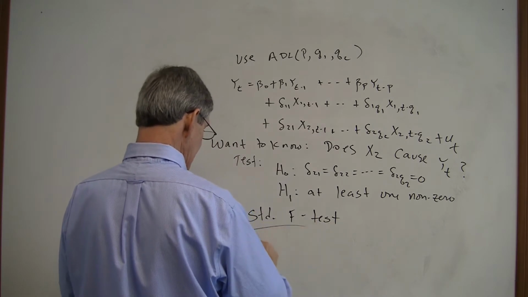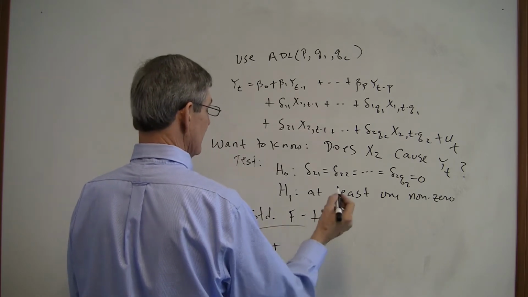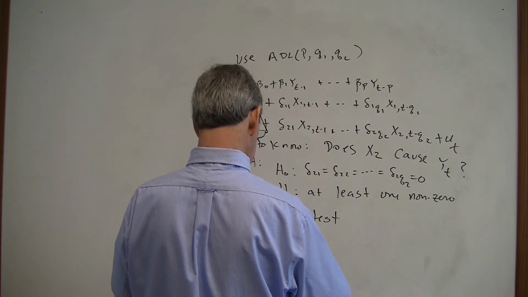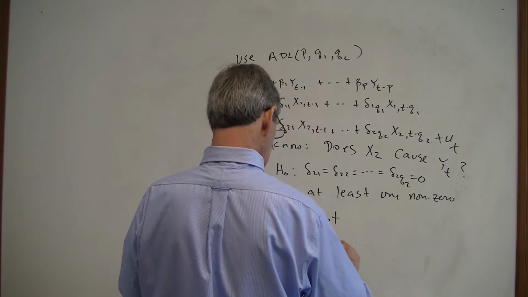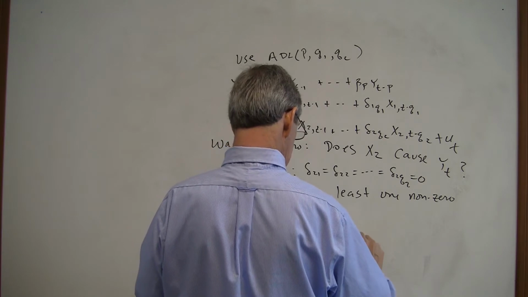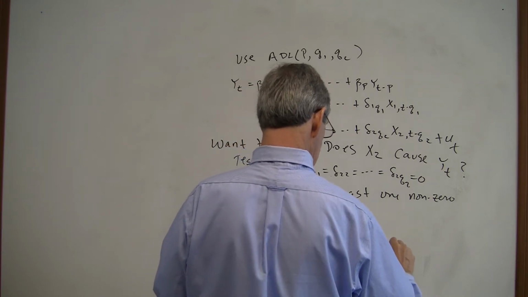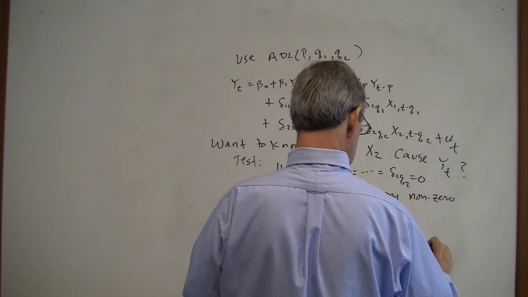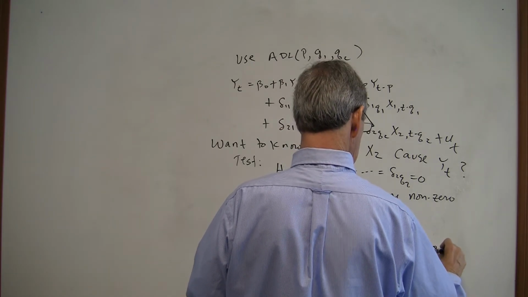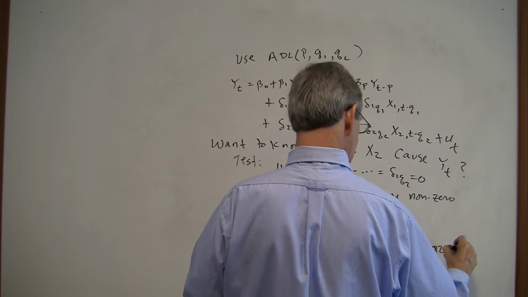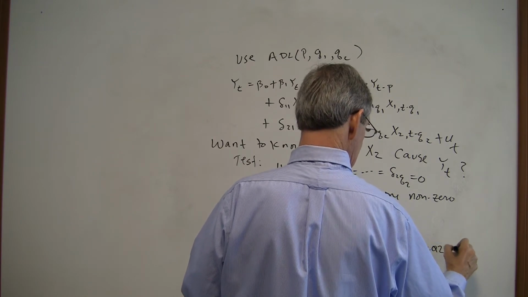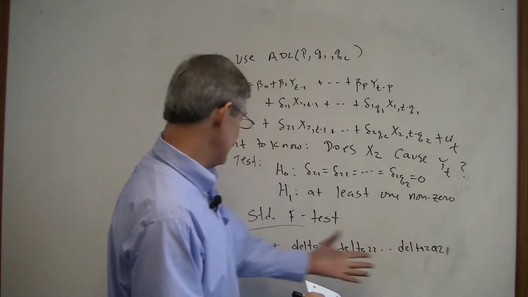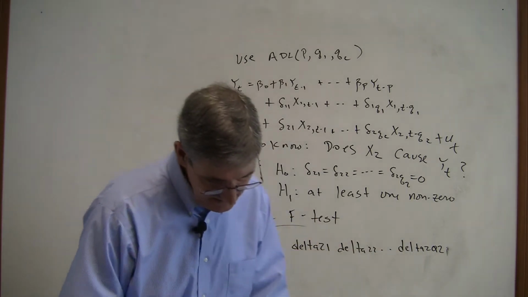In Stata, you would just say test delta 2 1, delta 2 2, and so on, delta 2 q2 equals, or you don't need zero, but you get the idea. It's just a standard test statistic.